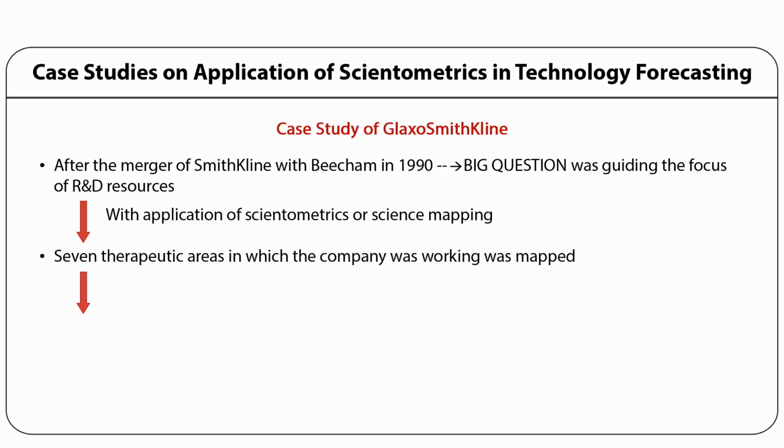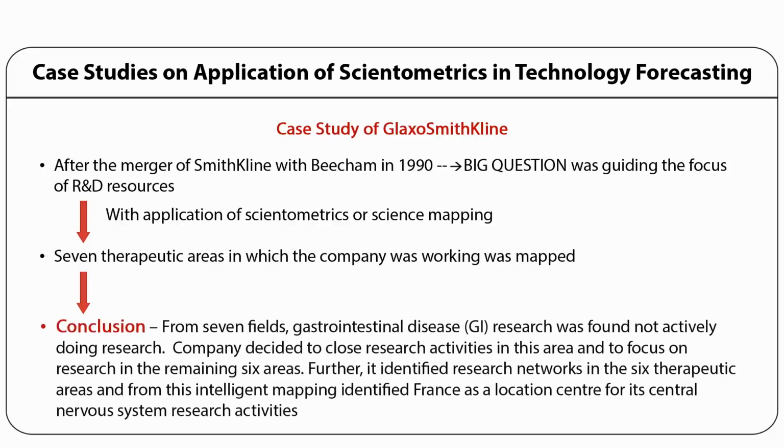Through scientometric analysis of publication trends and linkages derived from the publication analysis, gastrointestinal diseases were identified as an area where research was not significant for these two companies after merging.